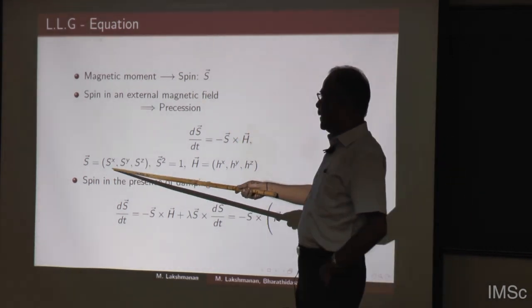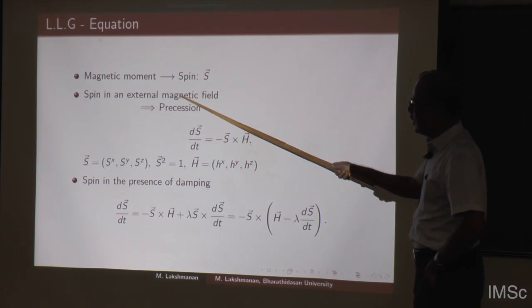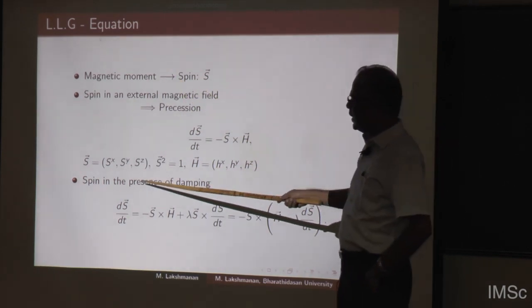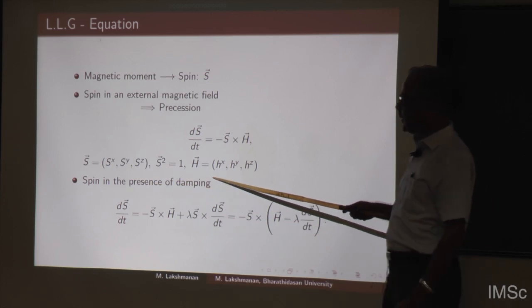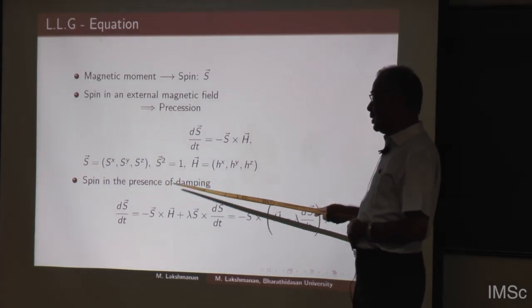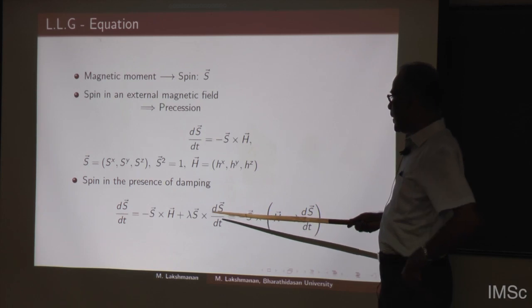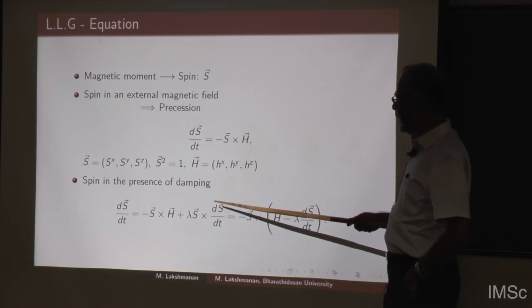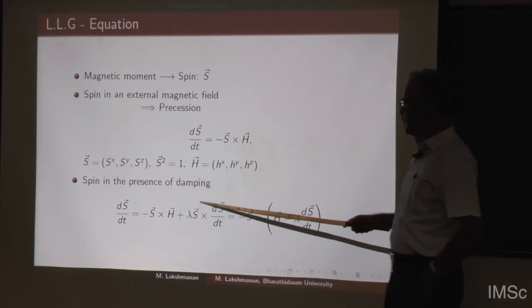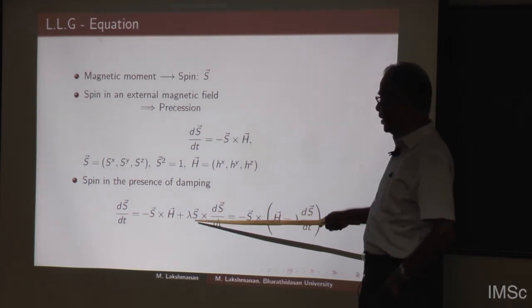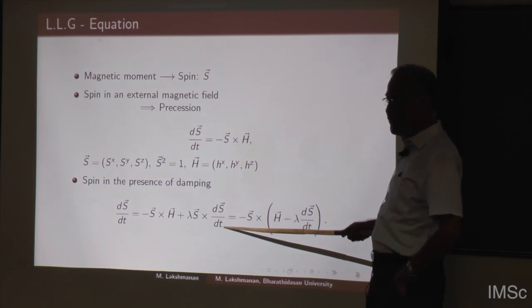So the spin precesses when you have a magnetic field, but the system also admits damping, for example if you consider relativistic effects. Phenomenologically, one can add a term which preserves the length, which can have a form like S cross dS/dt.